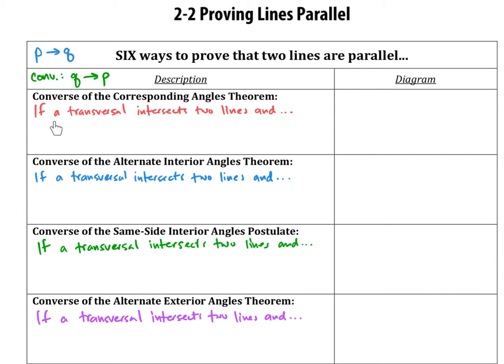The converse says if a transversal intersects two lines and the corresponding angles are congruent, then the lines are parallel.